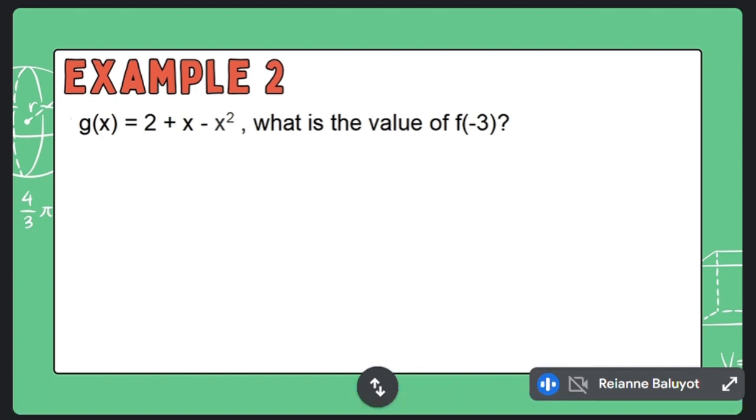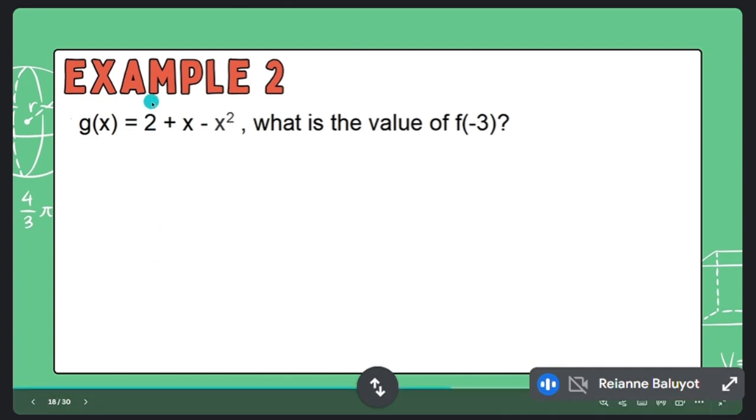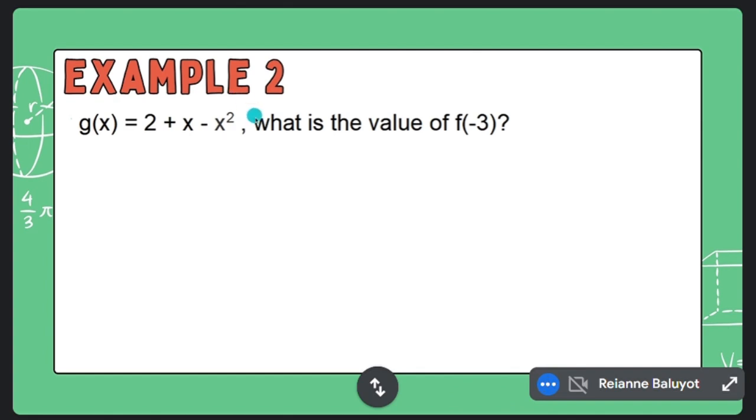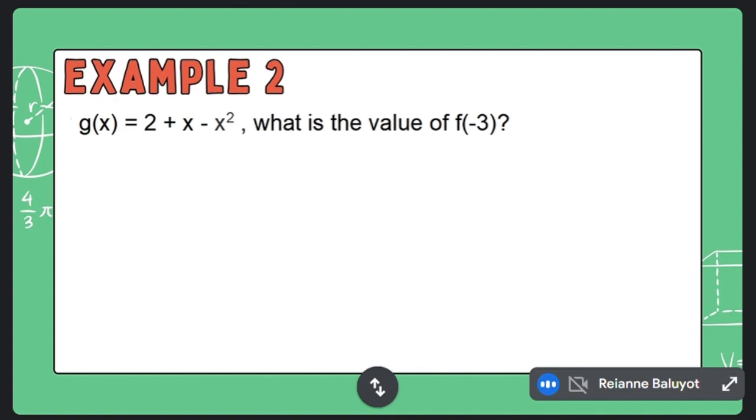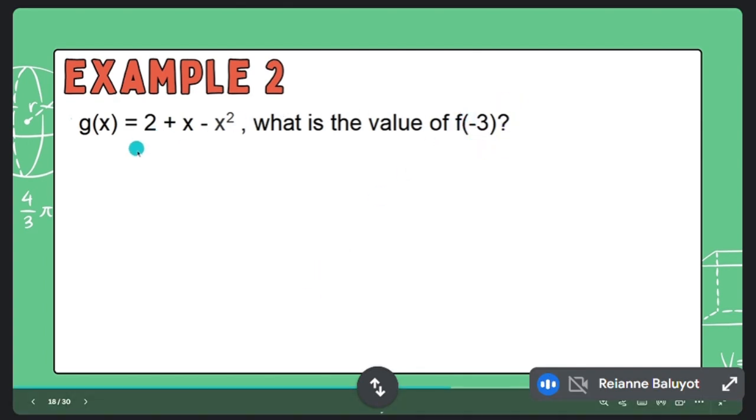Our function is g of x is equal to 2 plus x minus x squared. What is the value at x equals negative 3? This is an example of a quadratic function since our highest degree is 2. The first thing we're going to do is directly replace the value of x in our function.